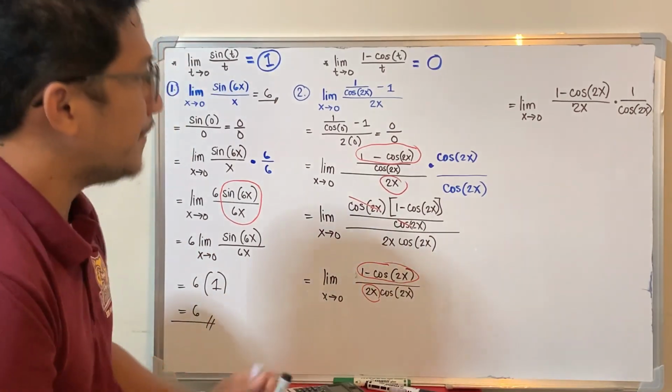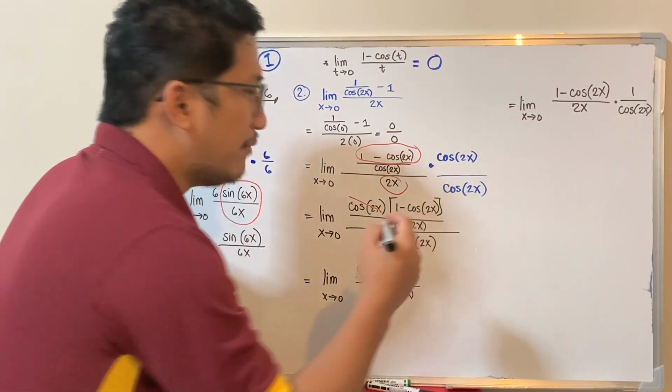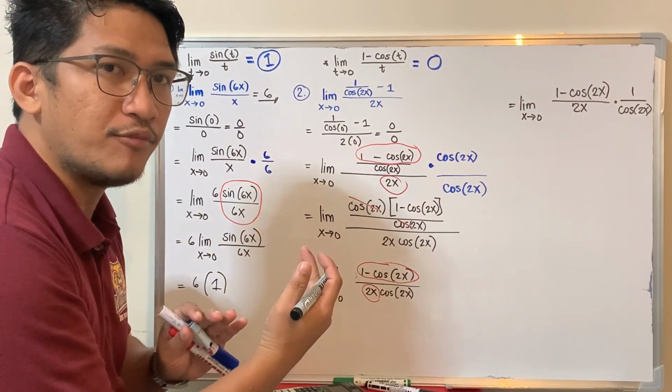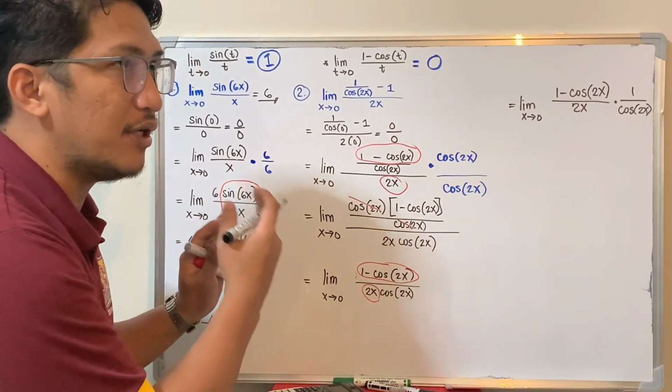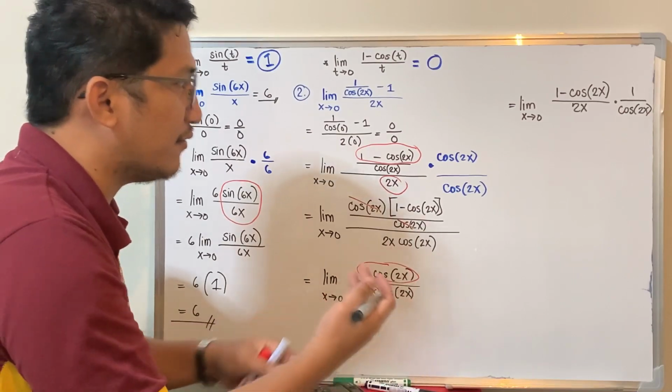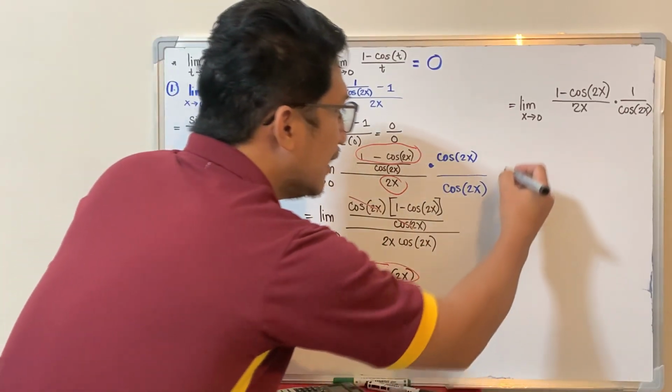Okay? Then, here we go. Remember the limit law? Basta mag-multiply gani ka, pwede ra nga mag-limit. Kuhanin mo ang limit sa first na expression, and then sunod na sa na expression, or factor by factor na pagkuha sa limits.